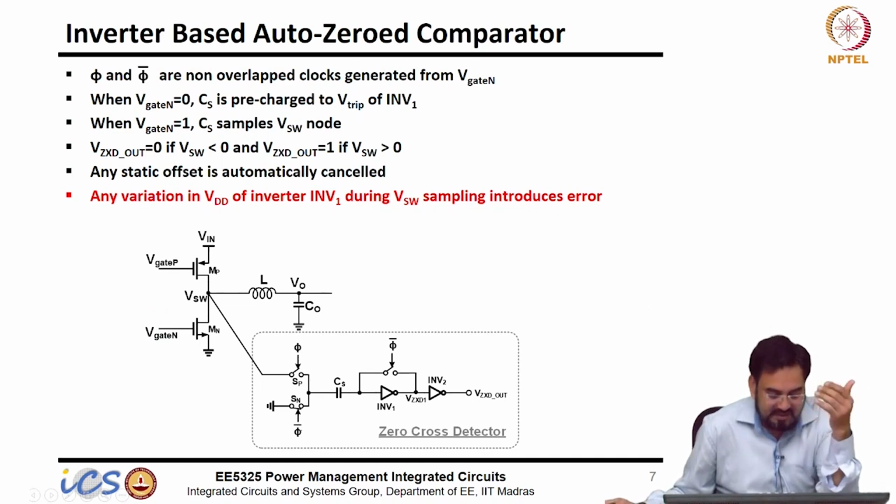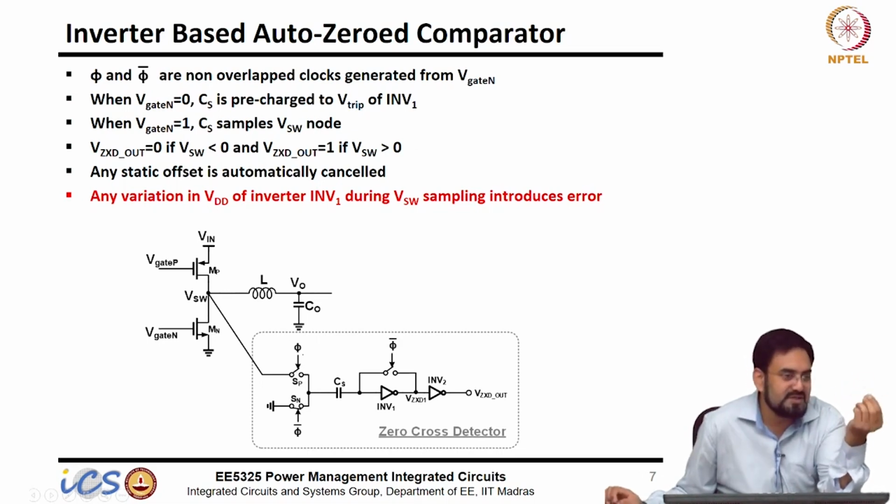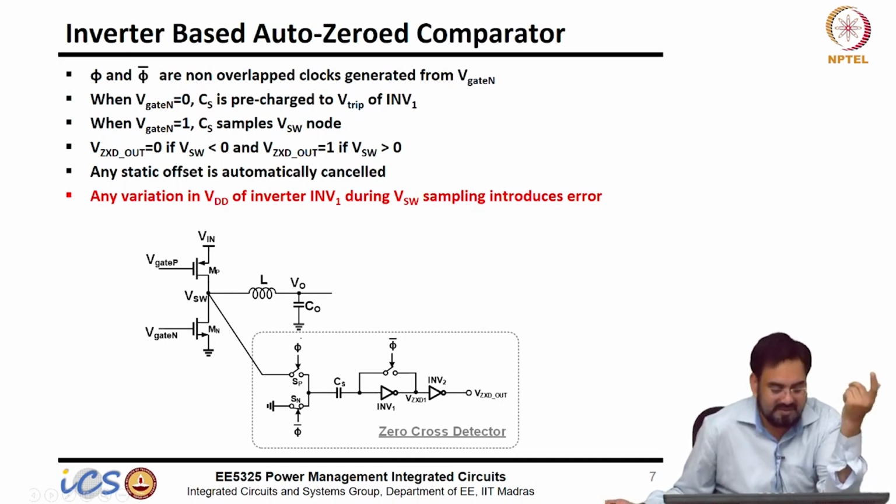Let us start with PWM low, when you sample. Just like any switched capacitor circuit, you need phi and phi bar. So you take V gate N and, using a non overlap clock generator, generate phi and phi bar, which are complementary phases.